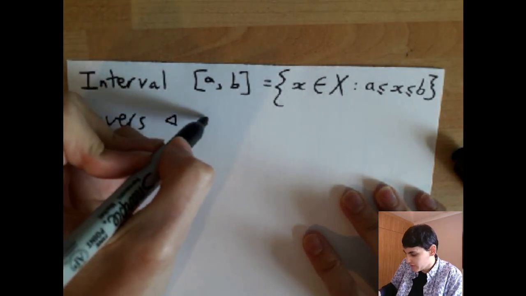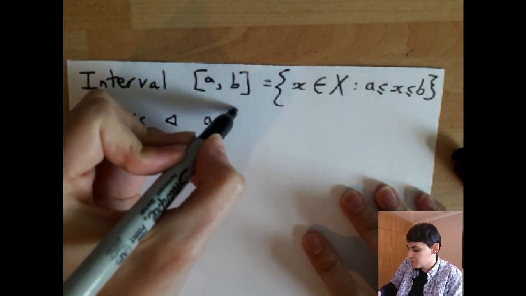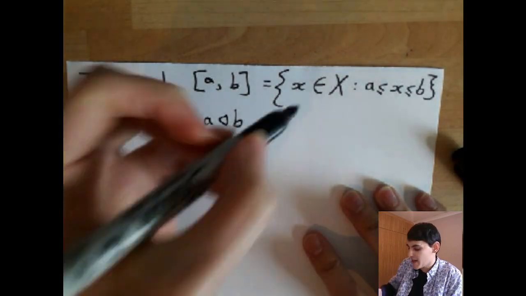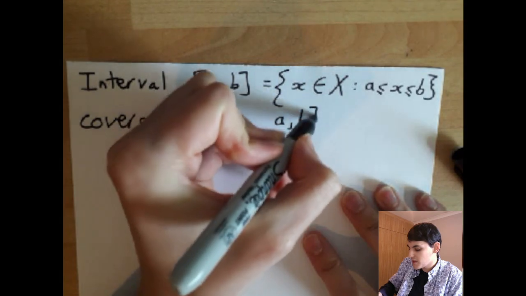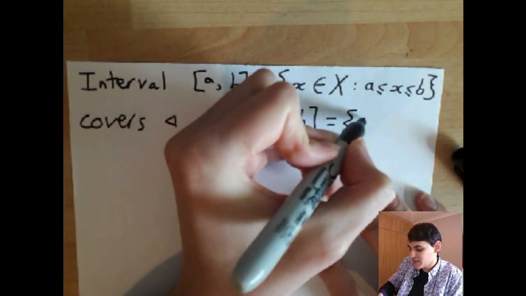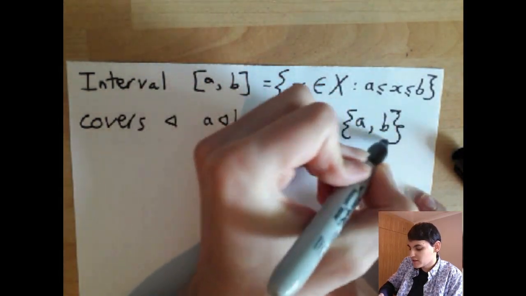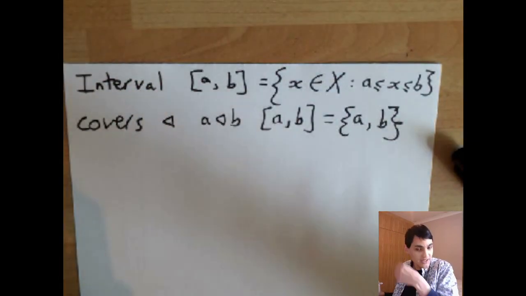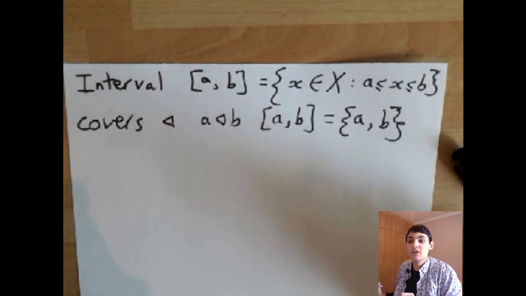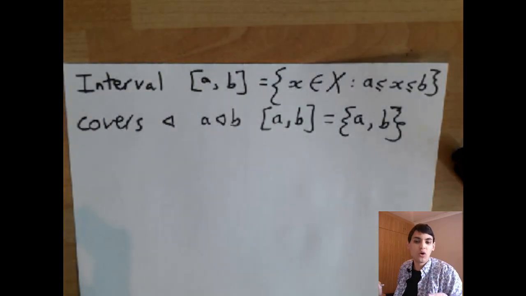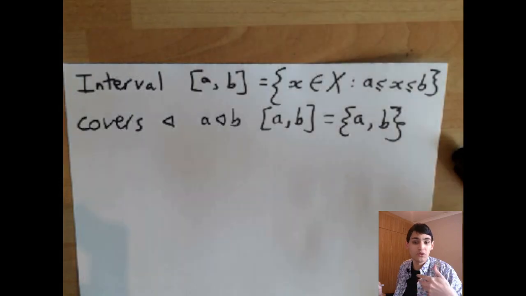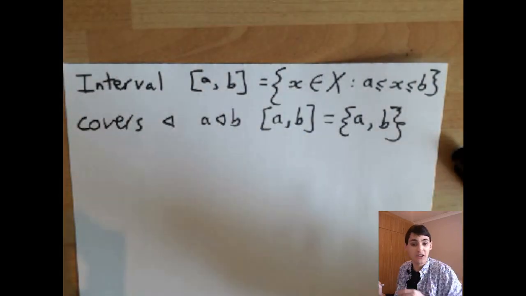If A is covered by B, or B covers A, then the interval from A to B is precisely A and B, so there's nothing in between them. A good example is in the integers, where 2 covers 1. There are no whole numbers between 1 and 2, so 2 covers 1, or 1 is covered by 2.